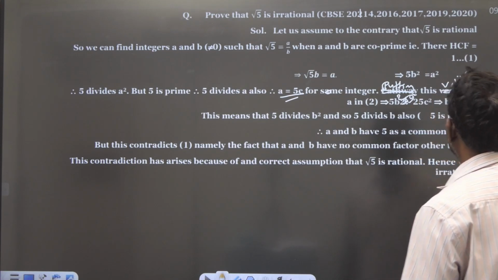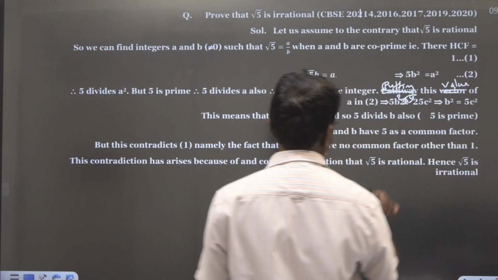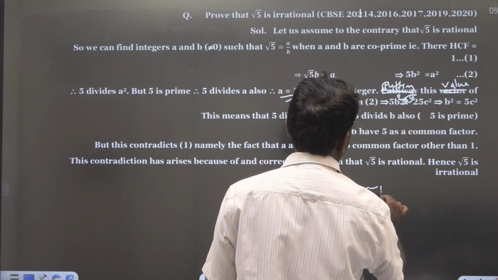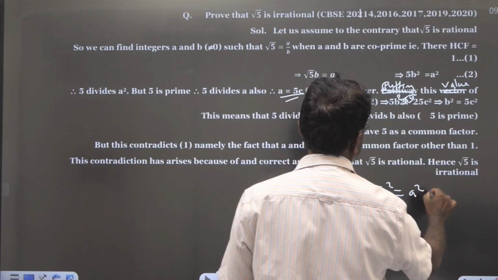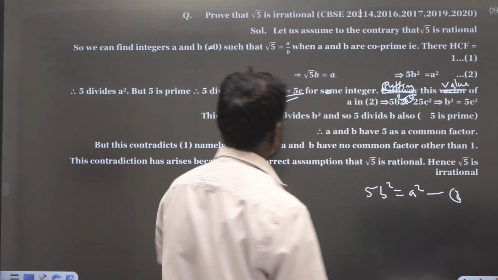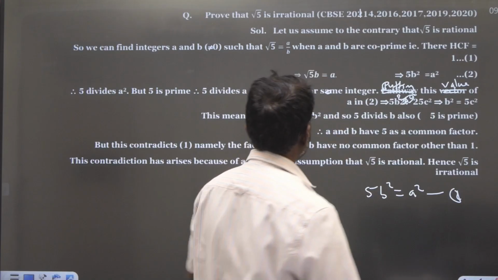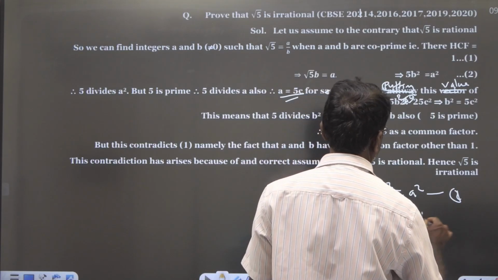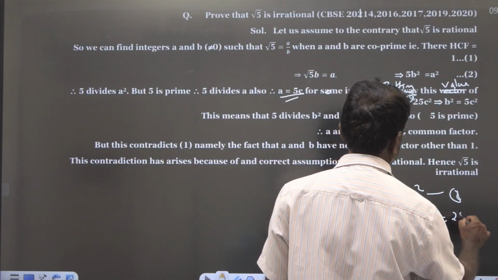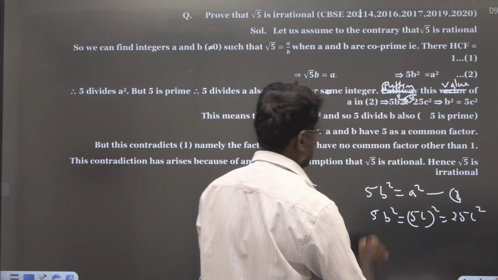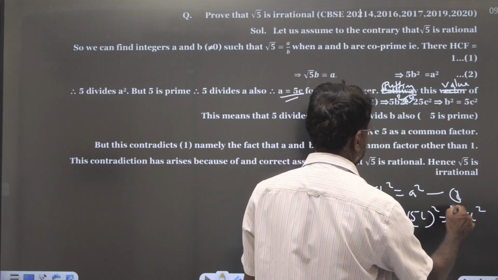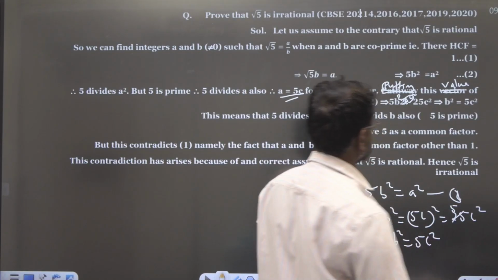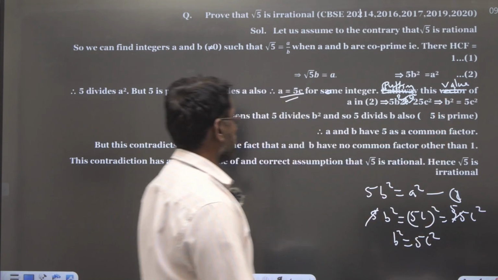Look here, 5b square is equal to a square is equation 2. Put this value of a here: 5b square is equal to 25c square. We can cancel the 5 with the 25, that is b square equal to 5c square.